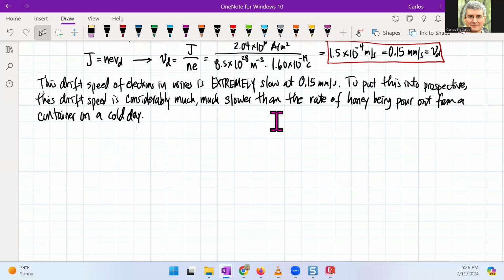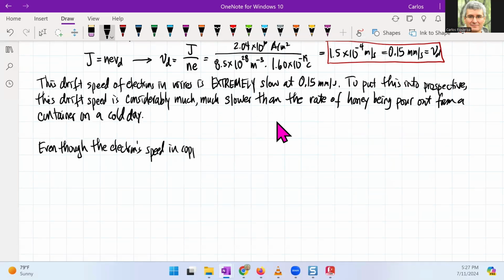So here's the catch. Even though the electron's speed in copper is extremely large, remember how large?